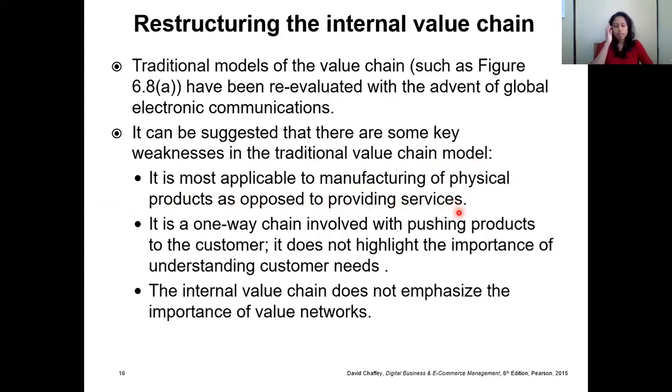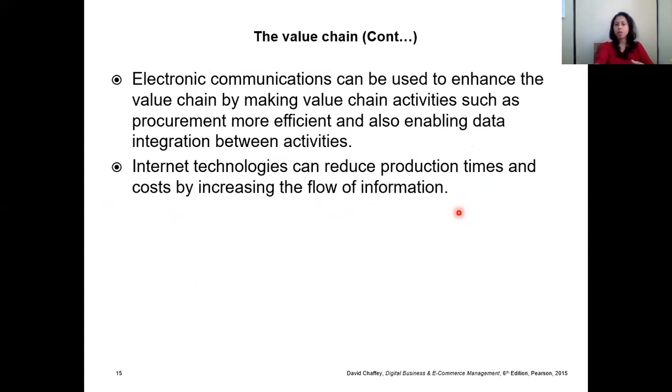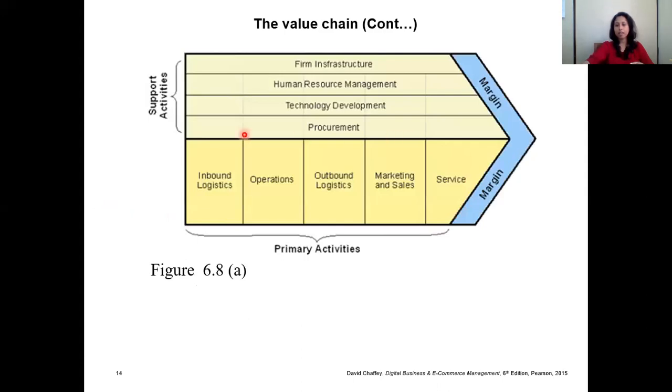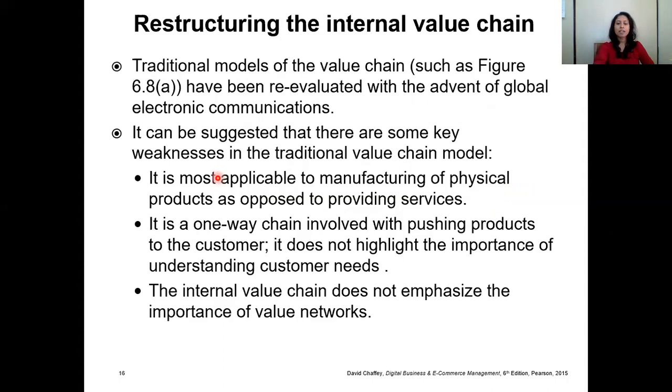So although we say that in a supply chain, you deliver products and services both to the consumer, in this value chain, the main focus is for a production organization, right? When you look at the elements of this model also, you can see that it is actually mainly intended for a manufacturing organization and not towards a service organization, right? So that is one of the drawbacks.